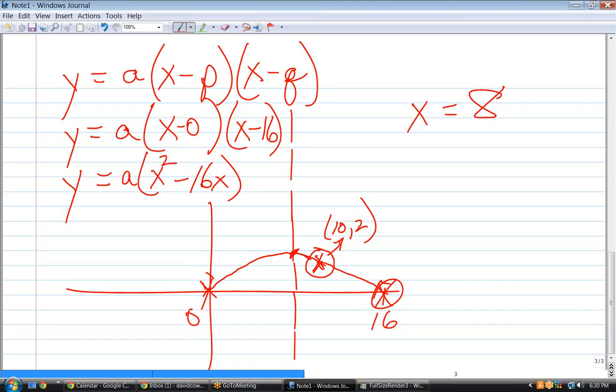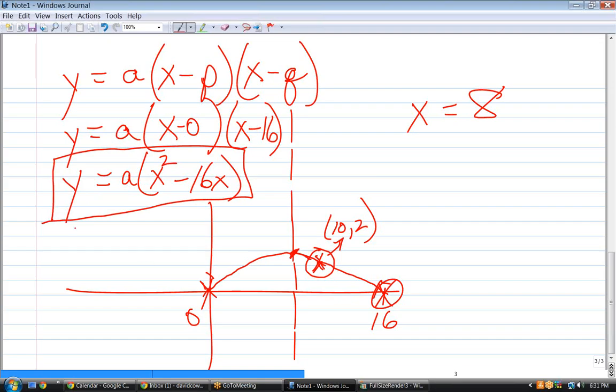We have a point (10, 2). So where do I plug that in? For x and y. If we plug in for x and y, we'll be able to solve for a, because I'm only going to have one variable left.